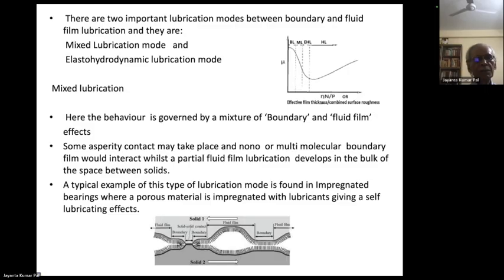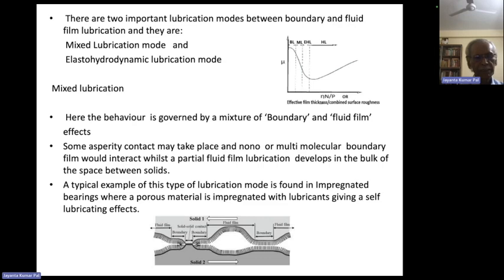So there are basically two important lubrication methods between the boundary and the hydrodynamic lubrication. One is the mixed lubrication method, and the other is the hydrodynamic lubrication mode. Both are very important, but we'll go through a very introductory discussion.